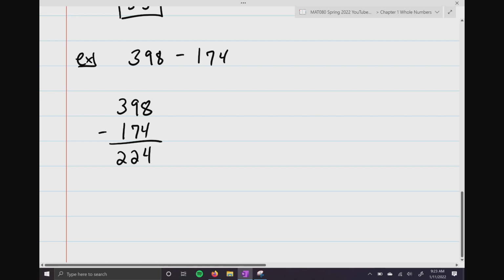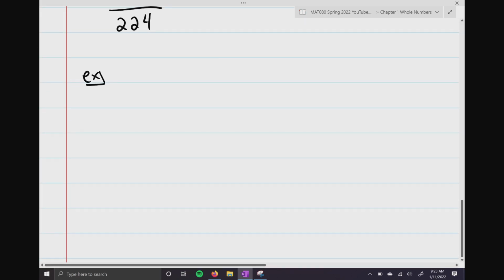Okay? Now, this method works because we're using what we call the base 10 block method. So, for example, if I looked at a very simple problem, let's say 9 minus 5, okay, very simple problem. With this block method, I can draw 9 blocks. So there's 1, 2, 3, 4, 5, 6, 7, 8, 9.